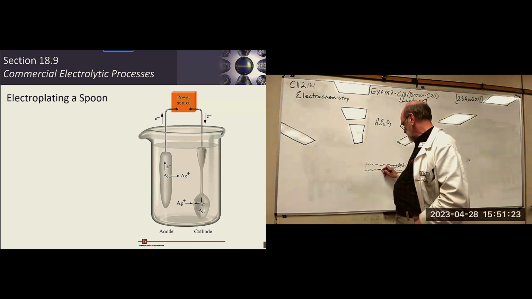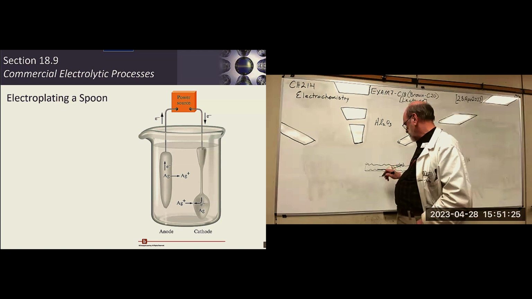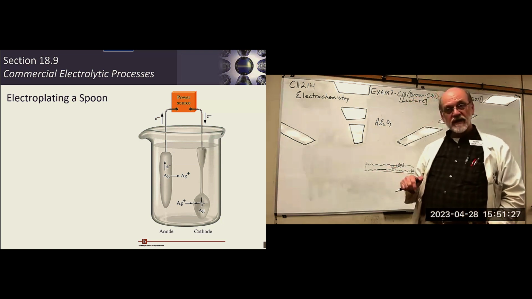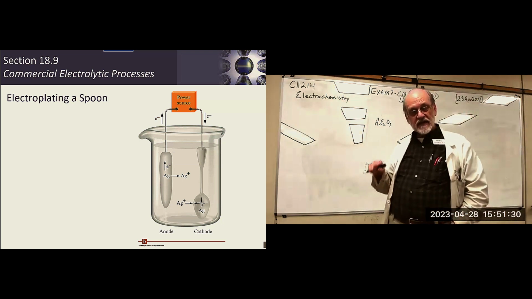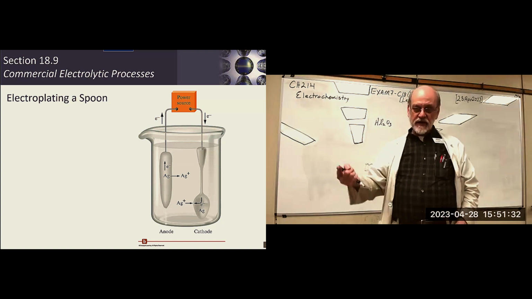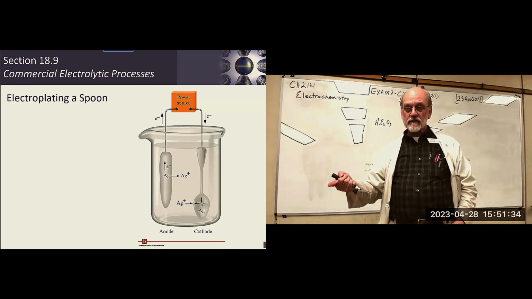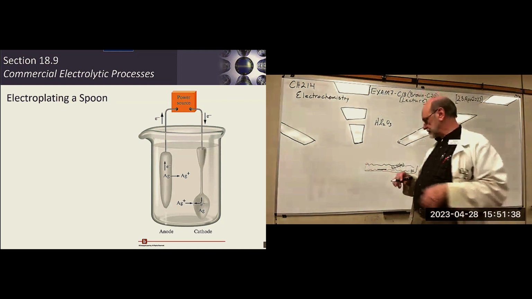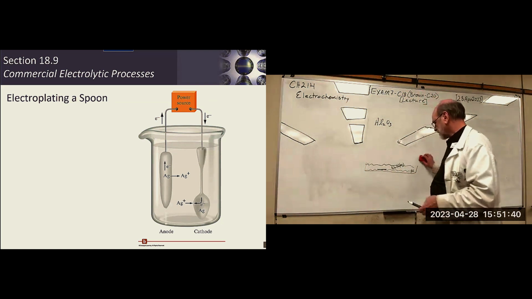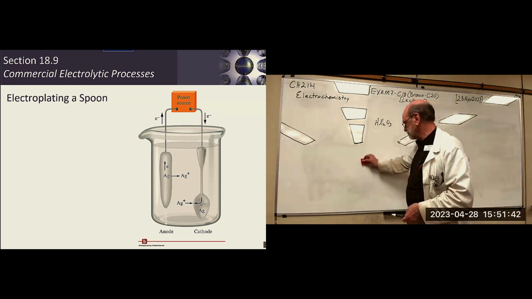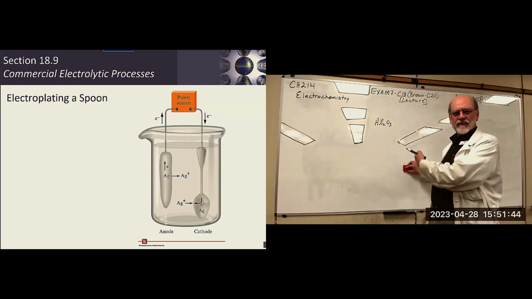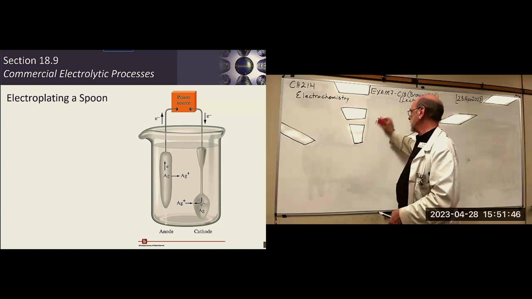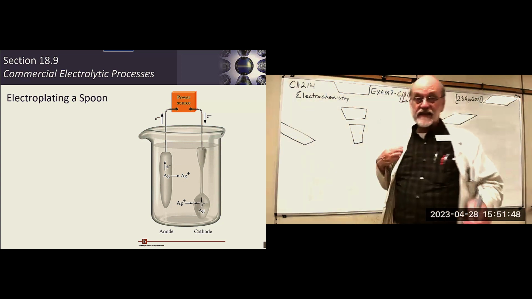Just lay it in here on that aluminum, and it will spontaneously convert the silver corrosion into silver metal without polishing. That's really a galvanic process, not an electrolytic process, because that's spontaneous.